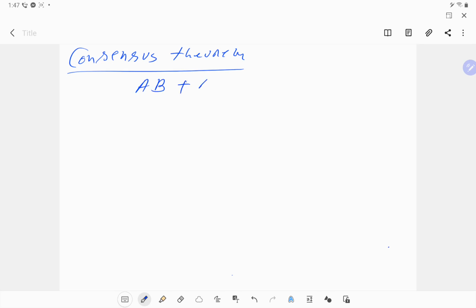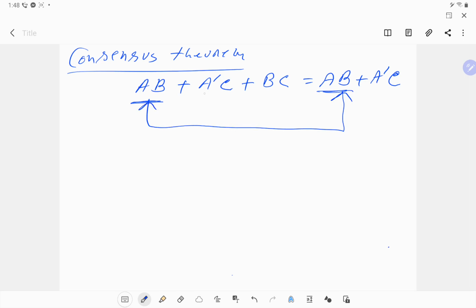So now we study the consensus theorem. This theorem says that AB plus A prime C plus BC equals AB plus A prime C. Here we have AB, we have AB on the other side, we have A prime C, we have also A prime C on the other side, but this guy is extra, BC.